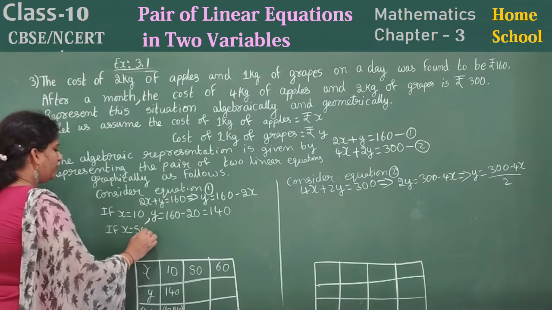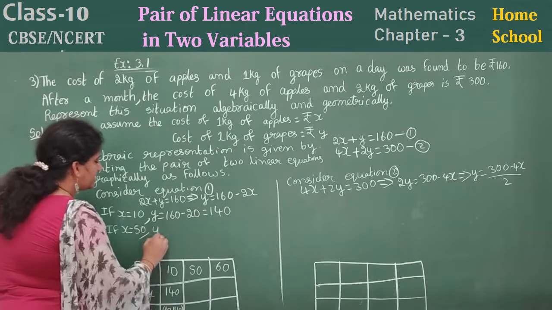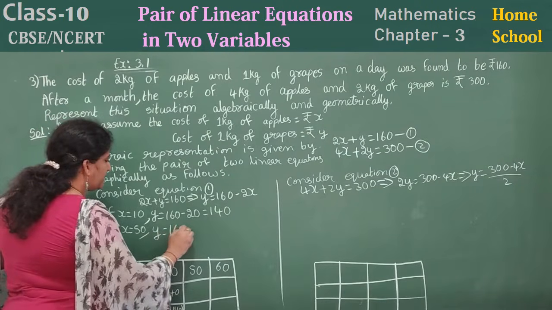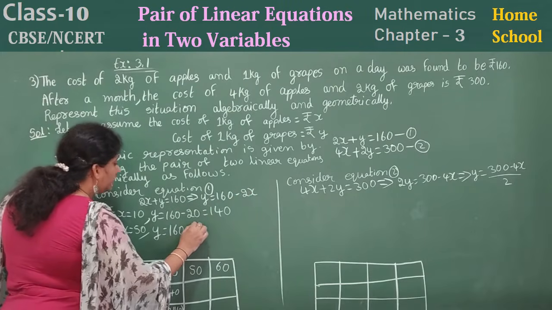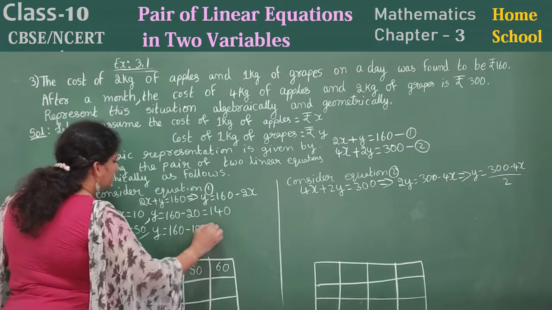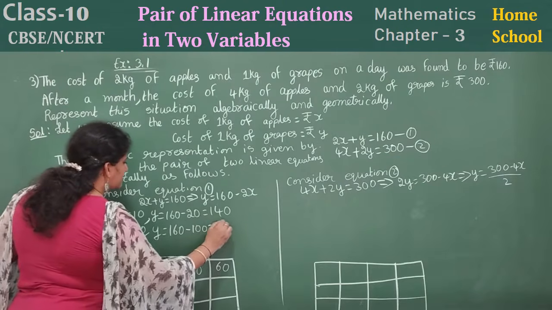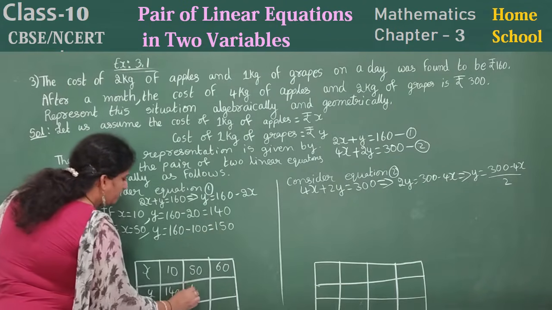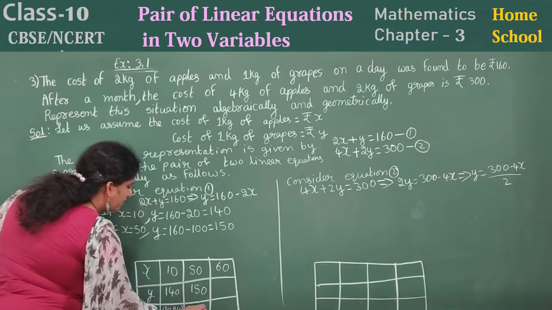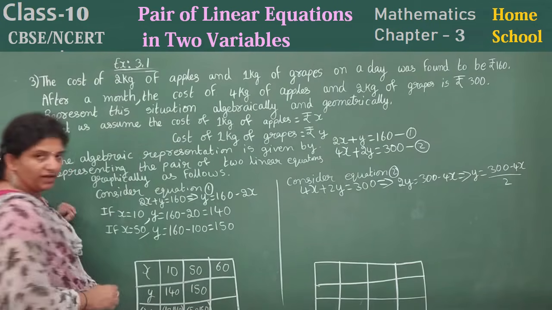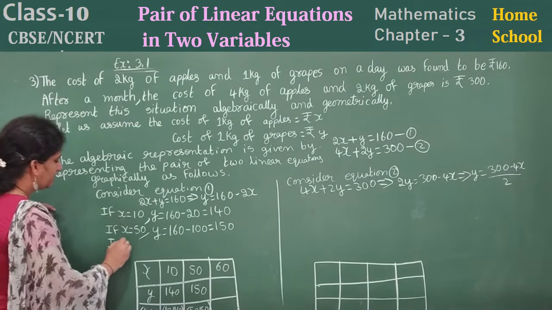Next, another value that we have taken. x is equal to 50. y is equal to 160 minus 2 into 50. How much will it be? 100. Yes, 160 minus 100 will be 60. If x is 50, the y value is 60. Right? Next one.